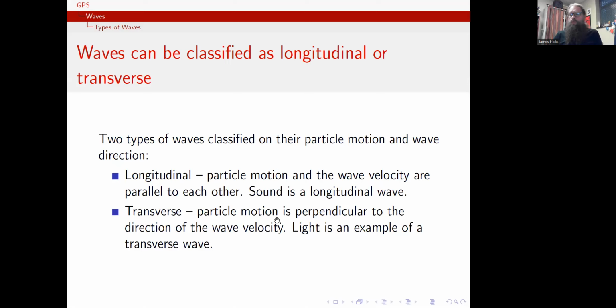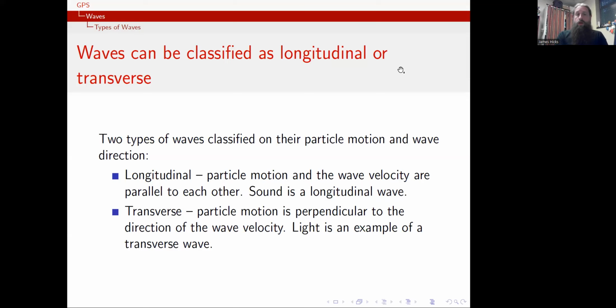So the way that we're going to classify our waves is essentially two broad categories. And those are based on how the material or medium is disturbed relative to which way the wave is actually moving.